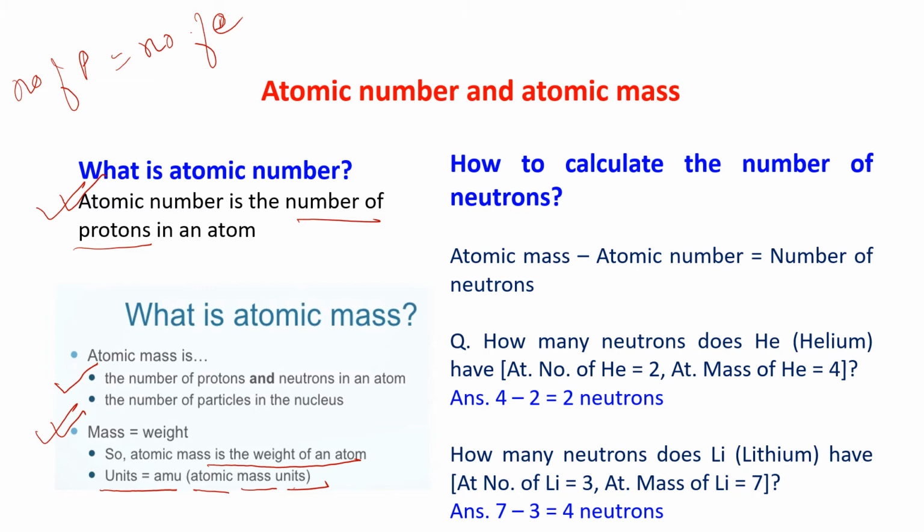Okay, so the number of positive charges is equal to the number of negative charges. So the positive charge cancels the negative charge. Suppose I have plus 5 positive charge, so I have minus 5 negative charge. They cancel each other, so the atom is neutral, electrically neutral.